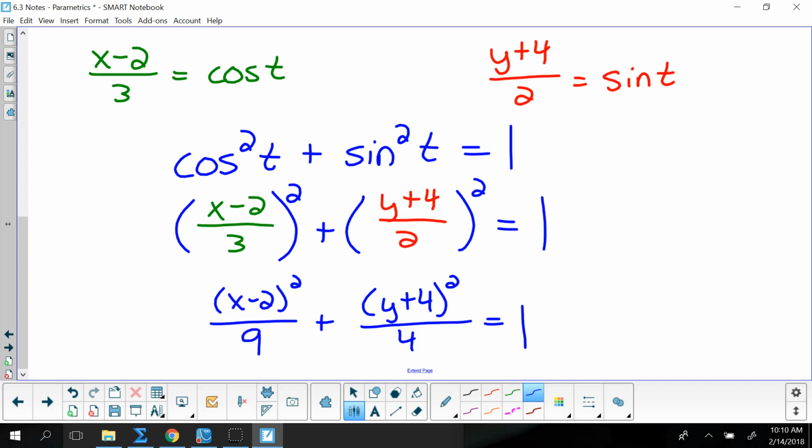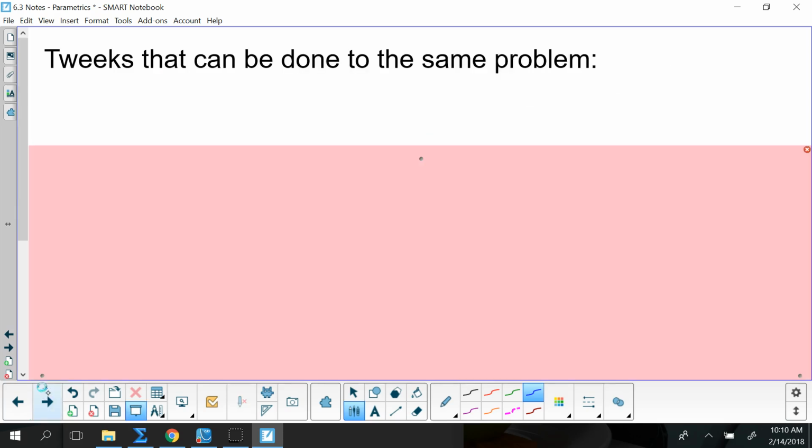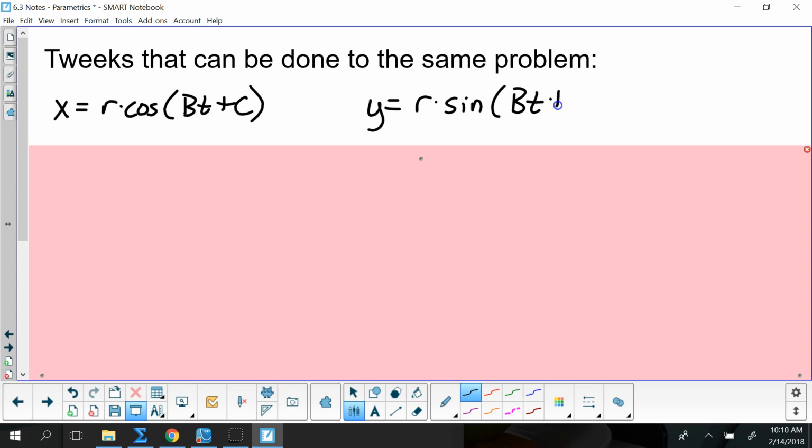Oh, all right. Fantastic. Now, yesterday, towards the end of class, we kind of rushed through these a little bit, so I wanted to go over these once again. Okay? We talked about the Ferris wheel problems, and we talked about how in the parametric form of our Ferris wheel, it was x equals r times the cosine of bt plus c, and y was equal to r times the sine of bt plus c, and then we had a d on there also.